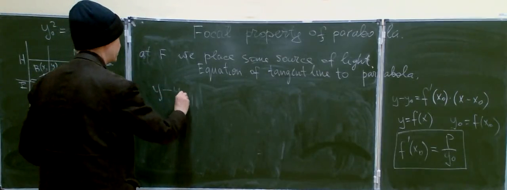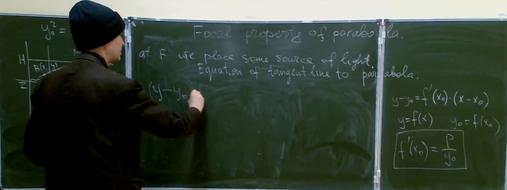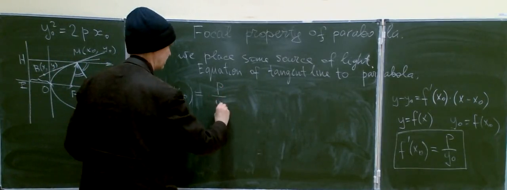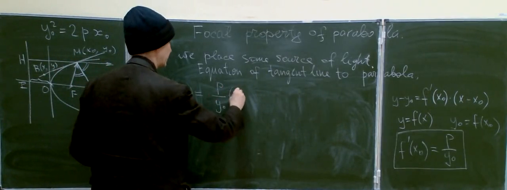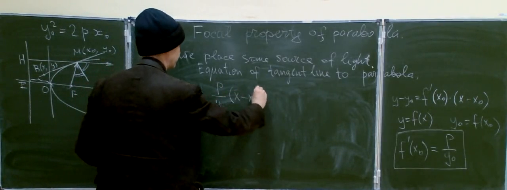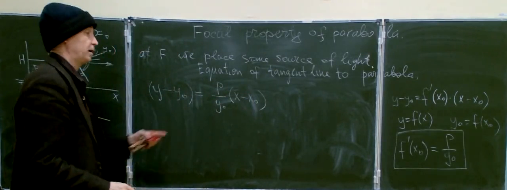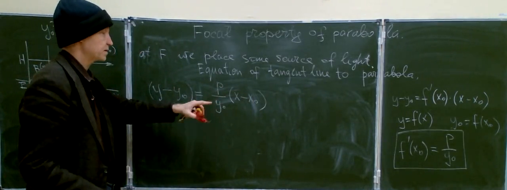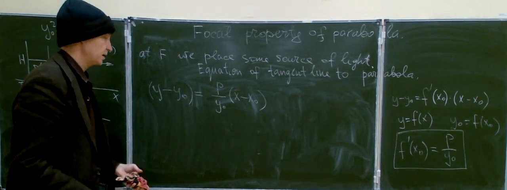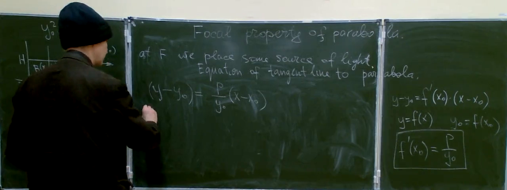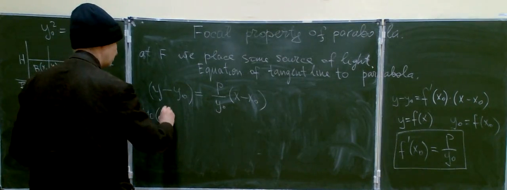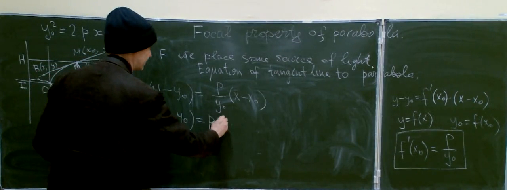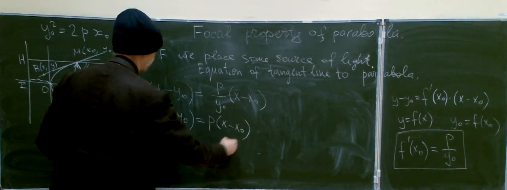Y minus y sub 0 is equal to p over y sub 0 multiplied by x minus x sub 0. In order to remove this denominator, let's multiply both sides of this equality by this denominator. As a result, we get y sub 0 times y minus y sub 0 is equal to p times x minus x sub 0.